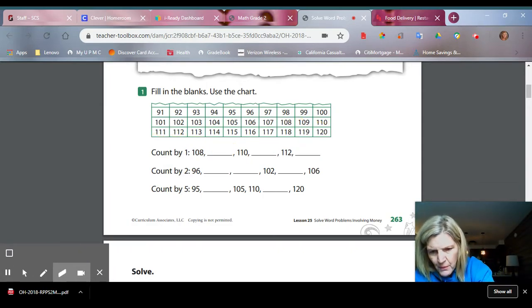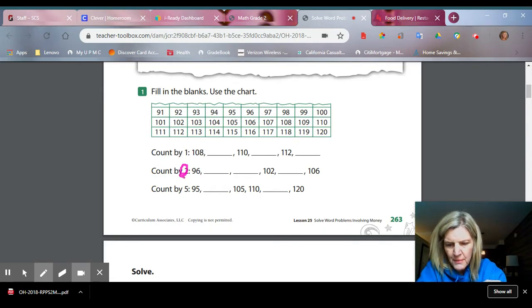In the next row, what do they tell you to count by? Count by 2. What number are they starting with? Find that number in the chart. There it is, 96.